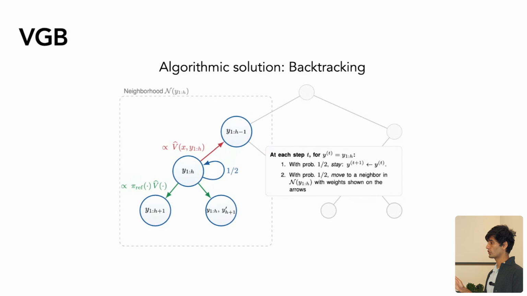It turns out the solution is what we call value guided backtracking, and the algorithm is, in hindsight, super simple. You have access to this reward model. Just think of the set of all tokens that you can sample from as this big tree. The decision you need to make at each time step is the probability with which you will sample the next token, which corresponds to going down this tree, or the probability with which you would delete a token, which corresponds to going up this tree.